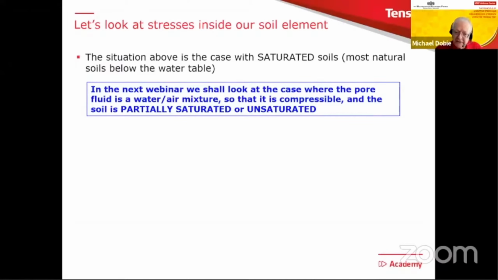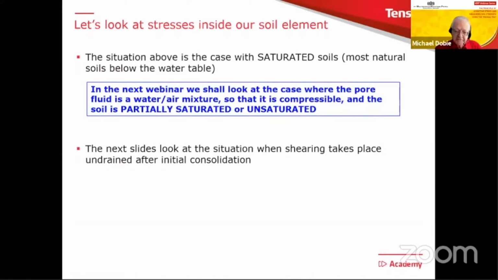And as I mentioned already, in the next webinar, we're going to look at soil or clay fills, which are partially saturated or unsaturated. And what we'll do then, we'll continue with our little soil element story and look at the effect of adding air to the pore water, which changes things quite a lot. But that's going to be in the next webinar.